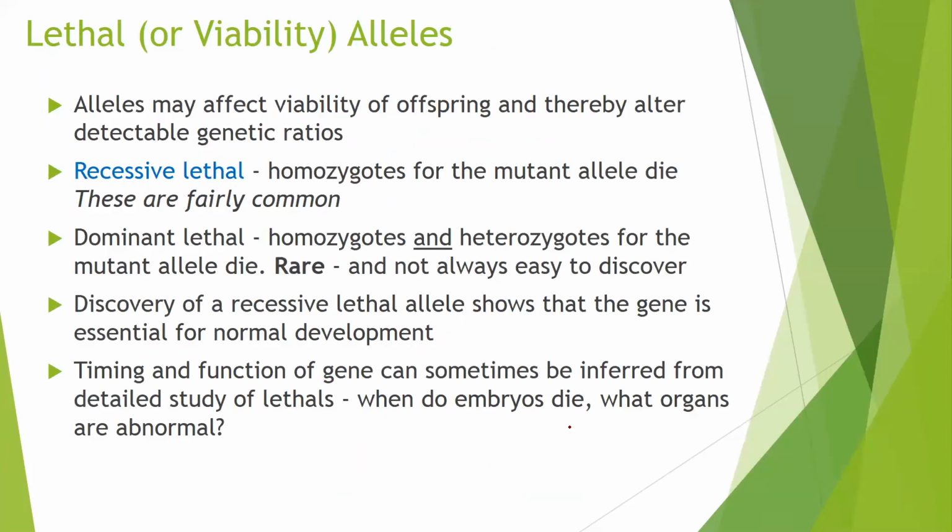As I mentioned, usually lethal alleles exist in the recessive lethal form. There could be some dominant lethal alleles, but it is very hard for them to remain in the population because they are very rare.